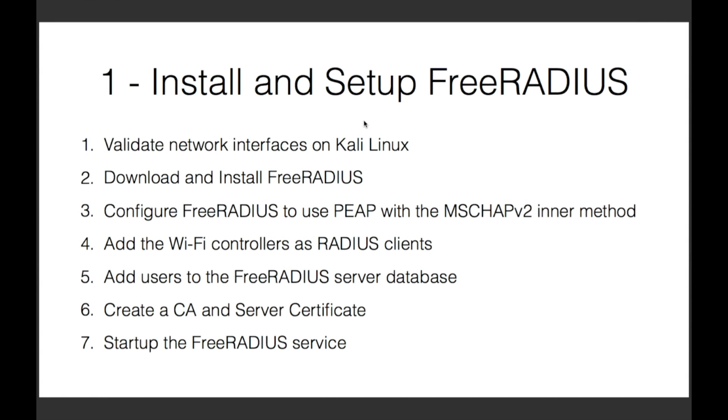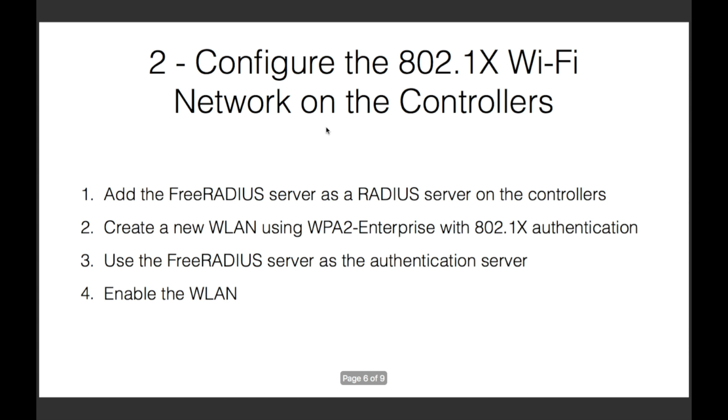Okay, so now that we have the FreeRADIUS server set up and running, it's time to configure the 802.1X Wi-Fi network on the controllers. On both Cisco and Aruba, we're going to do the following: add the FreeRADIUS server as a Radius server on the controller.